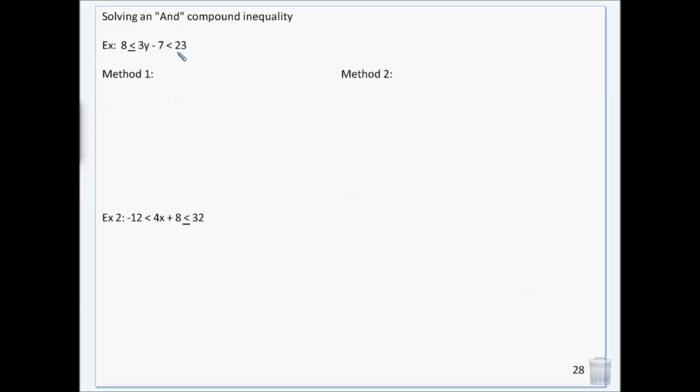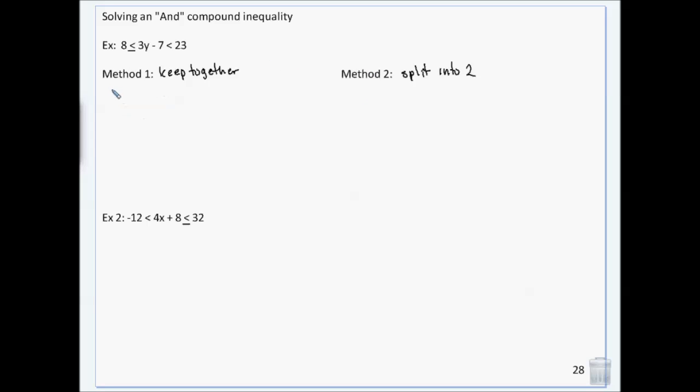So this is also an intersection. There are two ways to solve this. You can either keep it together the way it is, or you can split it into two inequalities. And it's a matter of preference, you'll get the same answer.